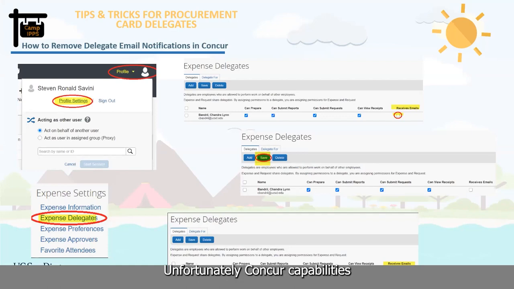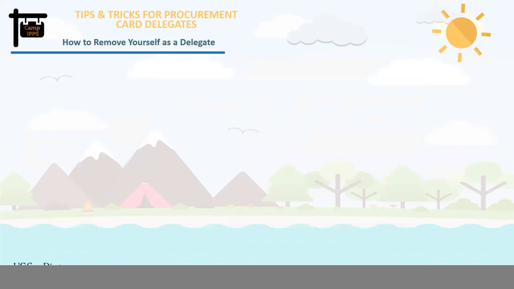Unfortunately, Concur capabilities do not allow for delegates to edit the notification email settings. Only the cardholder can do it for their own delegates. However, you can remove yourself as a delegate if you no longer wish to be that cardholder's delegate.